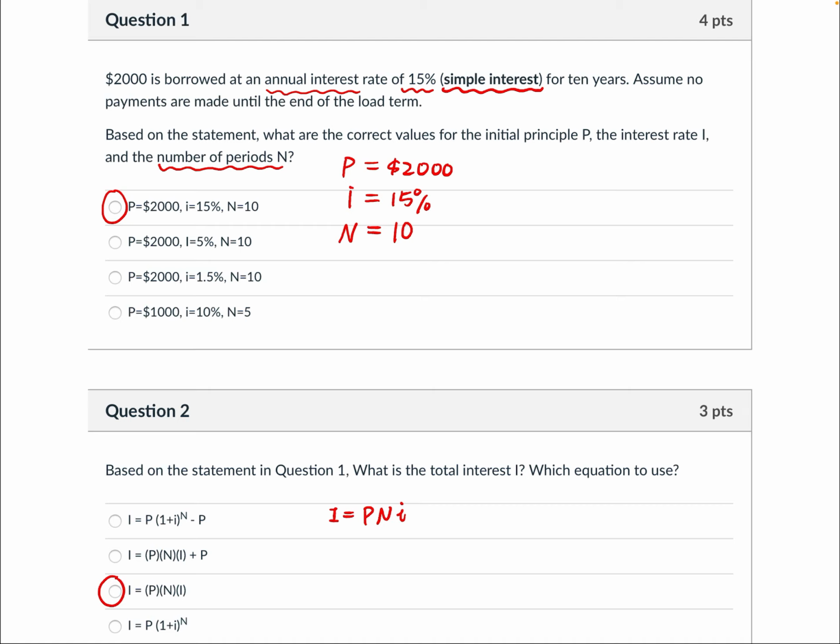The GA who is digitizing this test for me forgot to change this to the lowercase i. Also, this one should be lowercase i, and this should be lowercase i. Okay, so this is the typo he made.